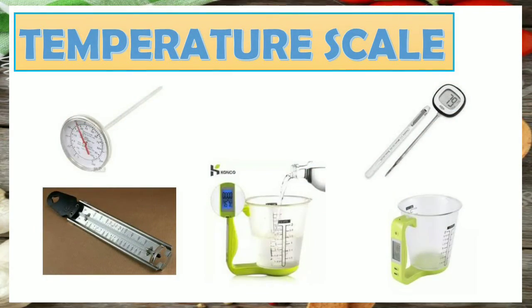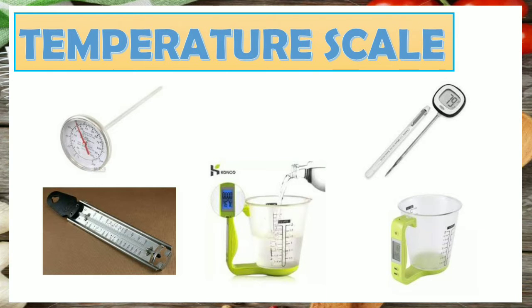Next, this is a temperature scale. Do you have this at home? Okay. A temperature scale is used for measuring heat temperature. We use it in candy making or for measuring the heat of the oil when deep frying.